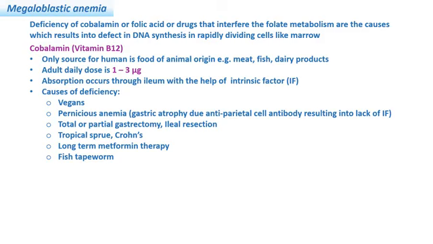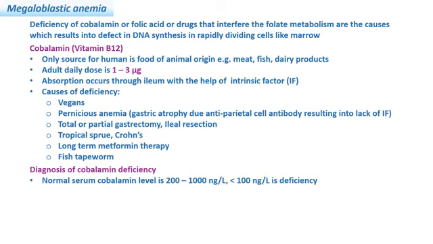Causes of deficiency: vegans, pernicious anemia, where gastric atrophy due to antiparietal antibody results in lack of intrinsic factor, total or partial gastrectomy, ileal resection, tropical sprue, Crohn's disease, long-term metformin therapy, fish tapeworm. Diagnosis of cobalamin deficiency: normal serum cobalamin is 200 to 1000 nanogram per liter; less than 100 nanogram per liter is deficiency.